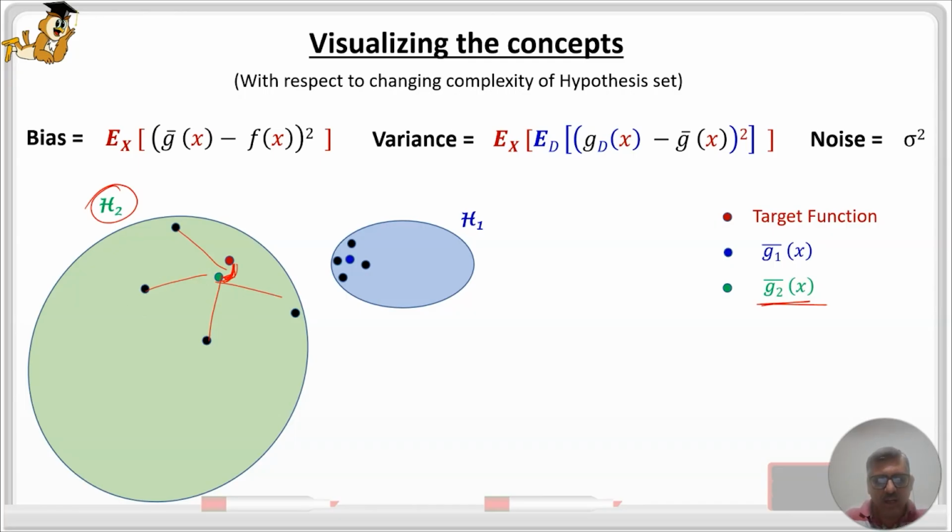So with a larger hypothesis set, your variance ended up being higher and your bias was pretty less. This is the visualization of what we have been saying earlier. Remember, just to reiterate, these black dots are the final hypothesis obtained for various data sets when you were using the hypothesis set H2.